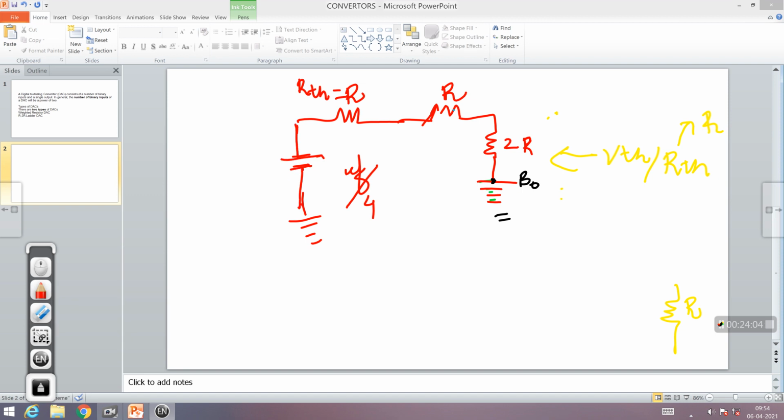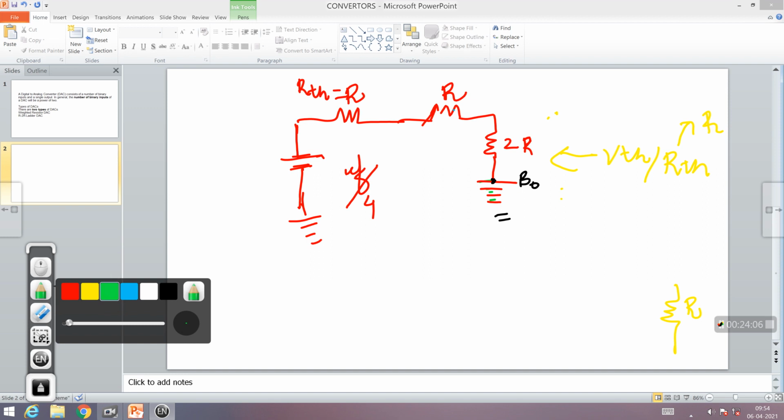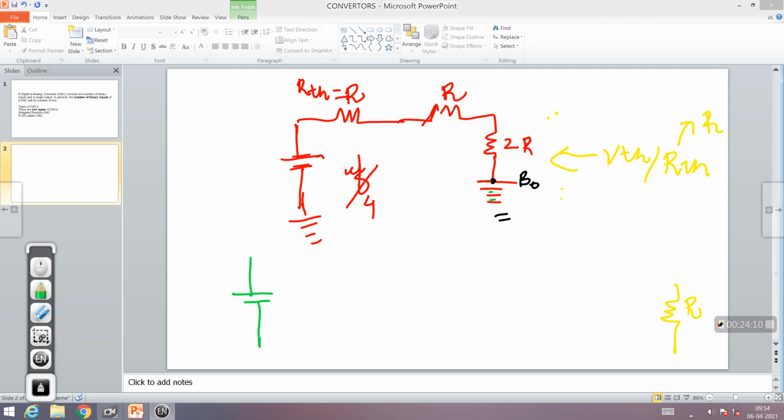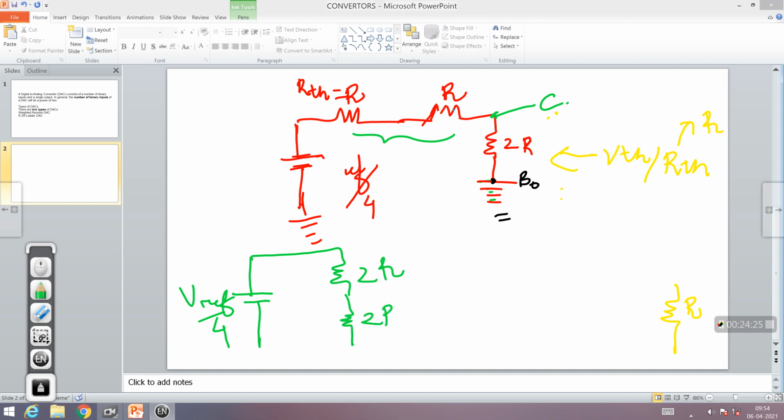Now we have to find the VTH. To find your VTH, what is this? I am having my Vref over here, Vref by 4. This is a series combination, 2R. I want the voltage at this point, C. So this is again my 2R, it is grounded, my point C is over here.